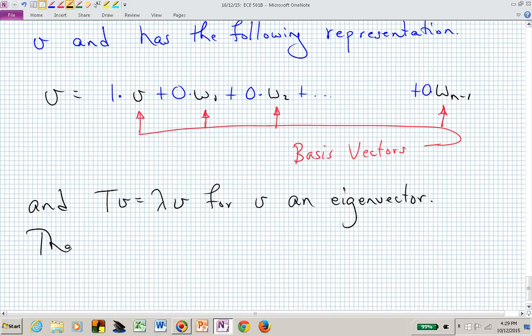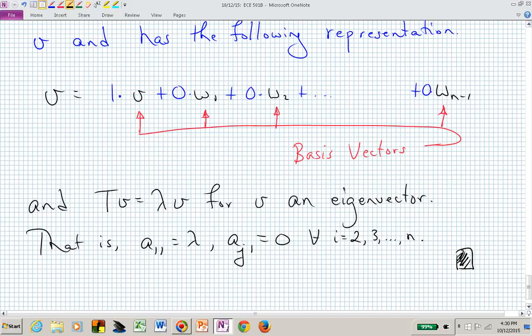That is, we've shown that A11 is equal to lambda, and all the other Ai1s are equal to 0 for i equal to 2, 3, up to n. And that's what we were trying to show.